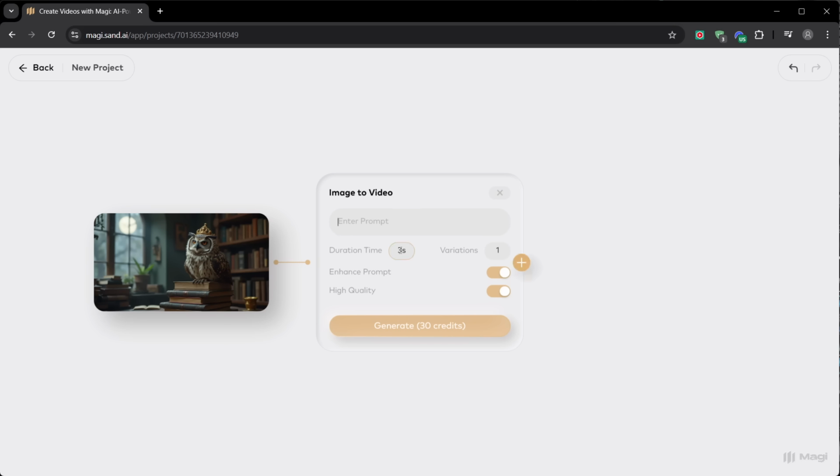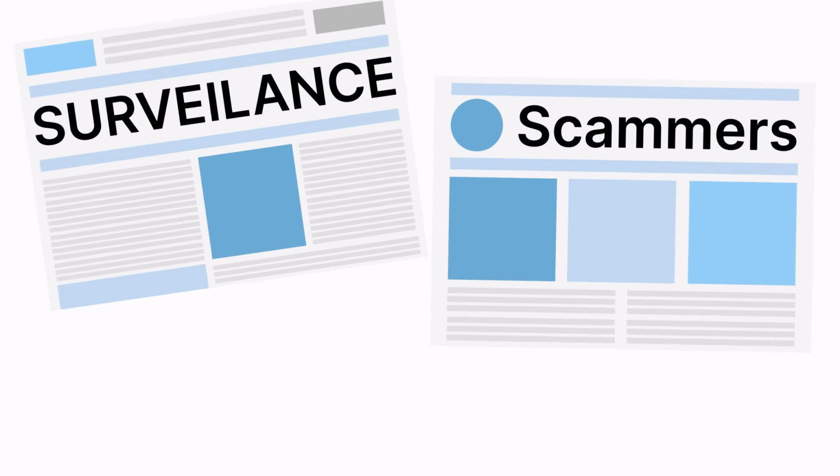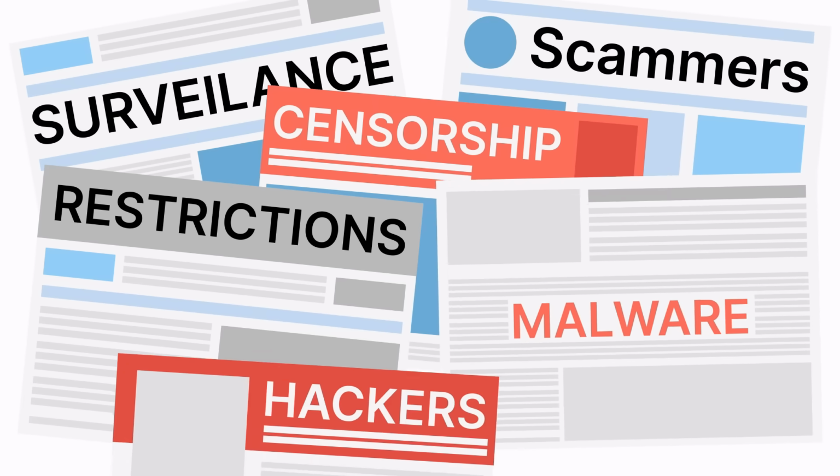First is the motion prompt, where you direct the AI. Next, you can set the duration and choose how many versions you want to generate. Now, I recommend you always keep the Enhance Prompt box checked. This lets the AI improve your prompt for better results. And don't worry about the credits for now. The solution for that is coming up. Let's hit Generate.